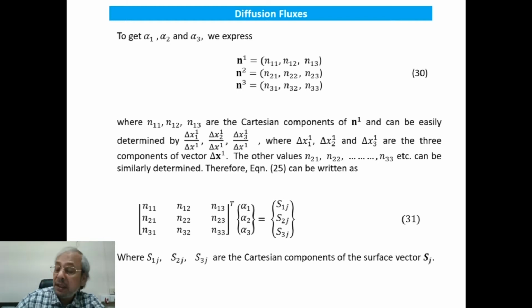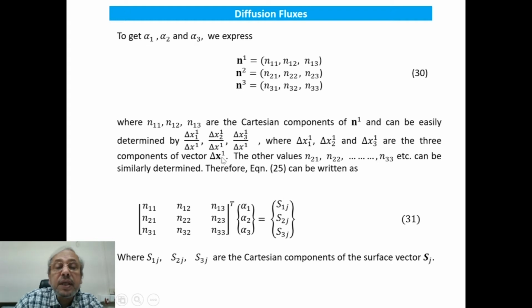Now n1, this unit normal vector, can be written as n11, n12, n13, where n11, n12 and n13 are the Cartesian components of n1 and can be easily determined by delta x11 by delta x1, delta x12 by delta x1, delta x13 by delta x1, where delta x11, delta x12 and delta x13 are three components of the vector delta x1.